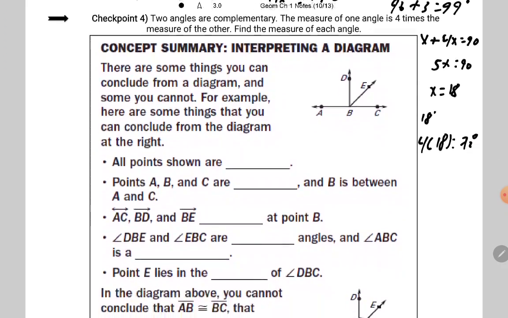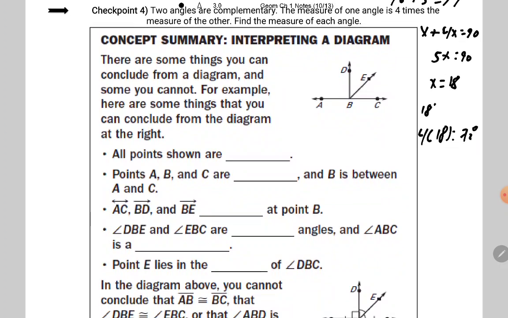All right, concept summary. All points shown. So there's some things you can conclude from a diagram and some you cannot. So for example, here's some things that you can conclude from the diagram. All points shown. So you can assume that the dots are points.